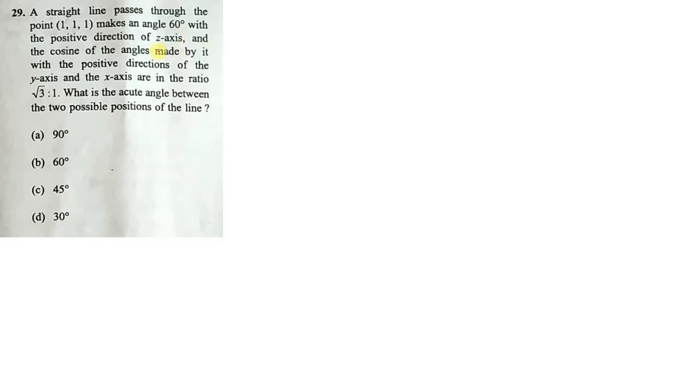And the cosines of the angles made by it with the positive direction of the x-axis and y-axis are in the ratio root 3 to 1. What is the acute angle between these two possible positions of the line?